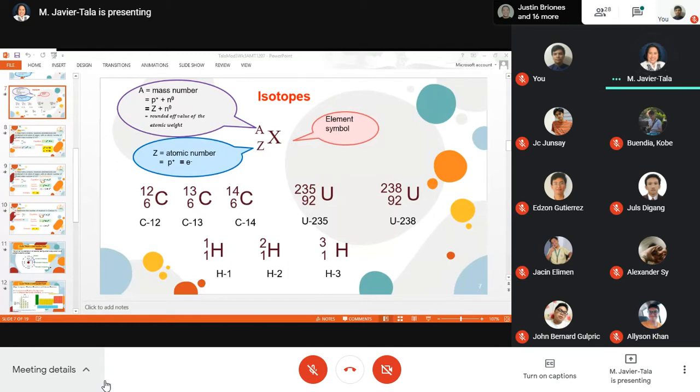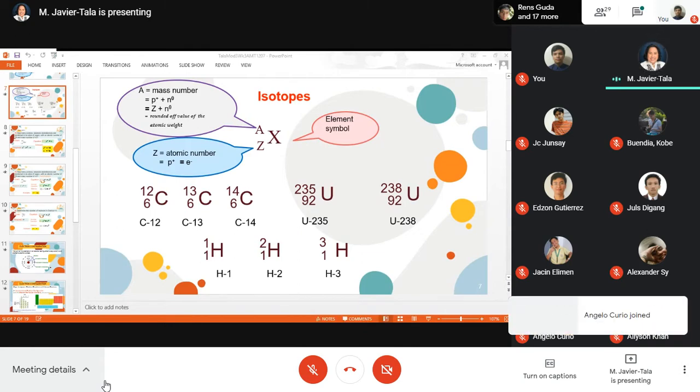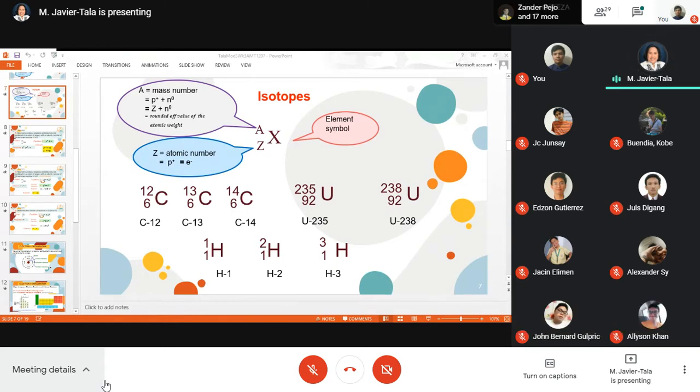For uranium, both isotopes have 92 as their atomic number, but their masses are 235 and 238. And for hydrogen, we have 3 isotopes: hydrogen 1, 2, and 3, although all of them have an atomic number of 1.